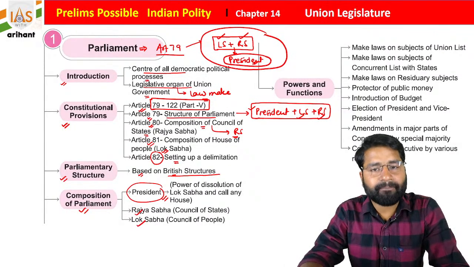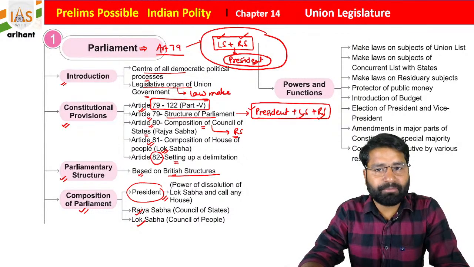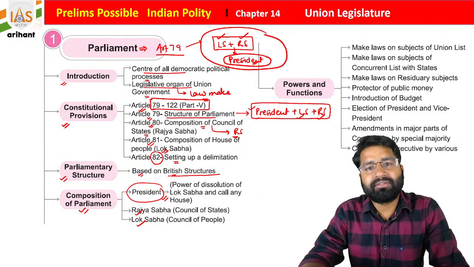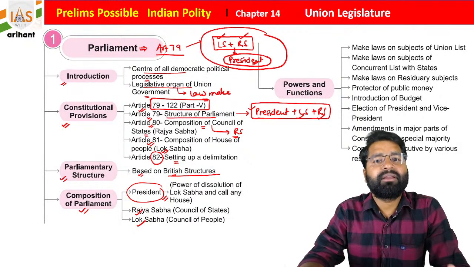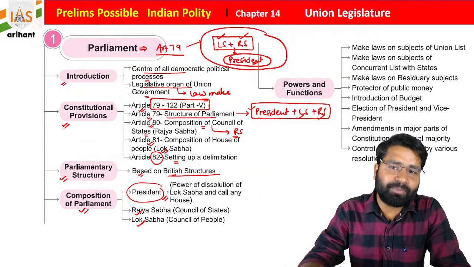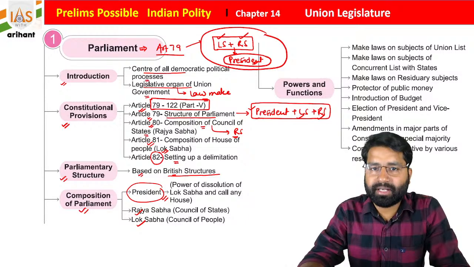They have cumulative powers for the Lok Sabha and Rajya Sabha both, and they have special powers in terms of Rajya Sabha as well as Lok Sabha. As we already discussed, the no confidence motion can only be brought in Lok Sabha. The removal process of the vice president can only be started from Rajya Sabha.